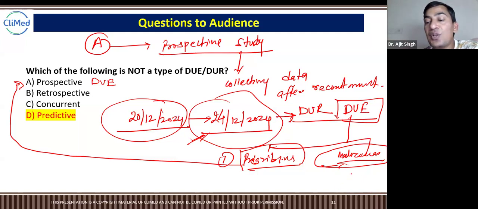If you are doing the evaluation at this point, that is called retrospective.